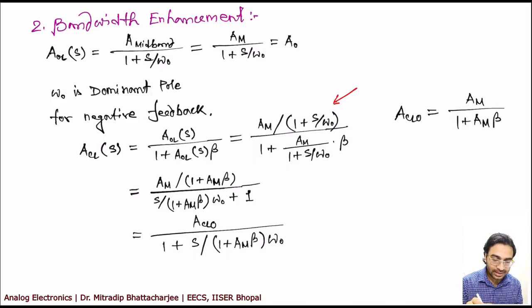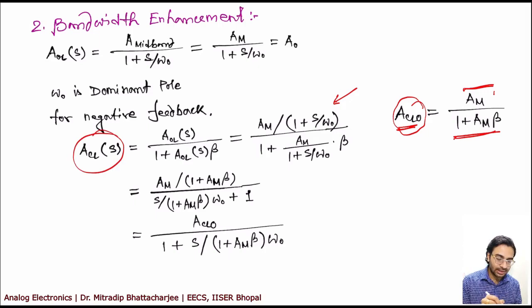and if you consider ACL0 equal to AM divided by 1 plus AM beta, so I have introduced a term called ACL0, then you will find that your total closed loop gain is ACL0 divided by 1 plus s divided by (1 plus AM beta) into omega 0. So this is your new pole.